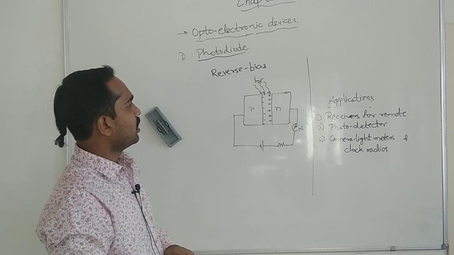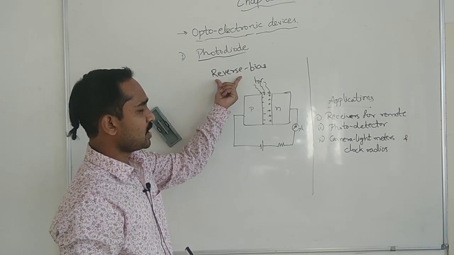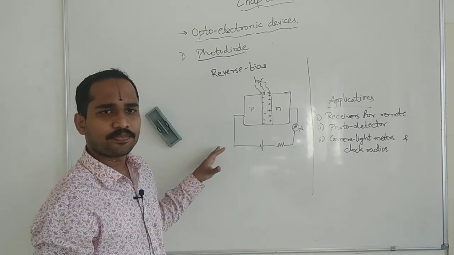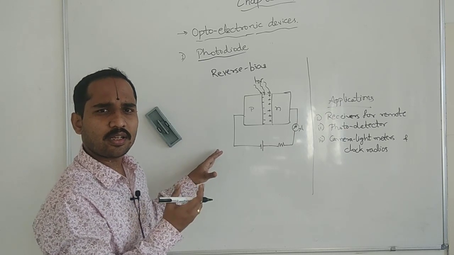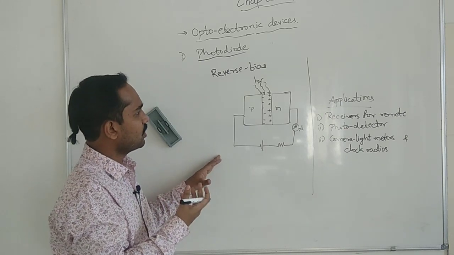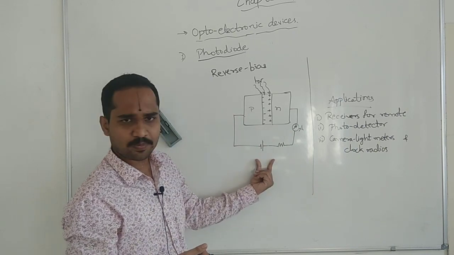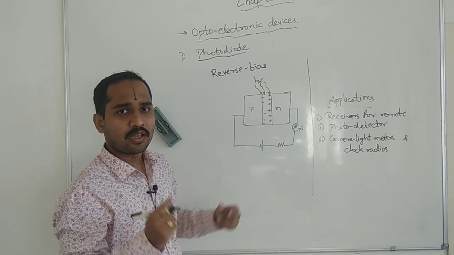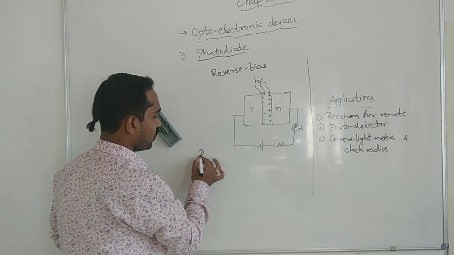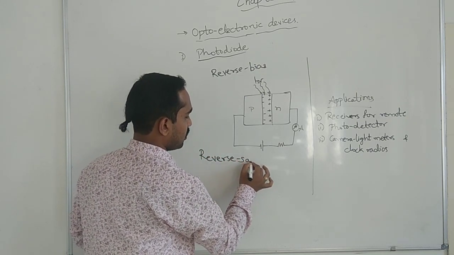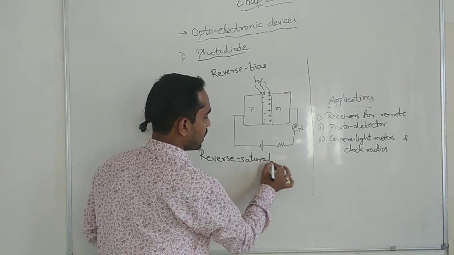Now you know that it is working in reverse bias. Can we see the working of this? Try to concentrate on how this works. The setup, as you know, is under reverse bias condition. In reverse bias, which current flows? Reverse saturation current flows in the reverse bias condition.